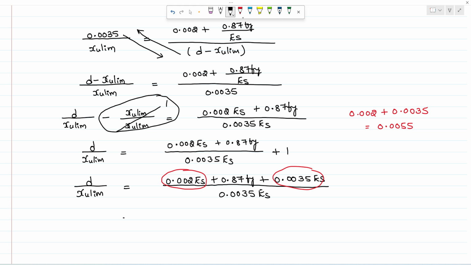So in this equation, 0.0055 into ES plus 0.87 Fy divided by 0.0035 into ES. On the left hand side, you have the same D divided by XU limit.